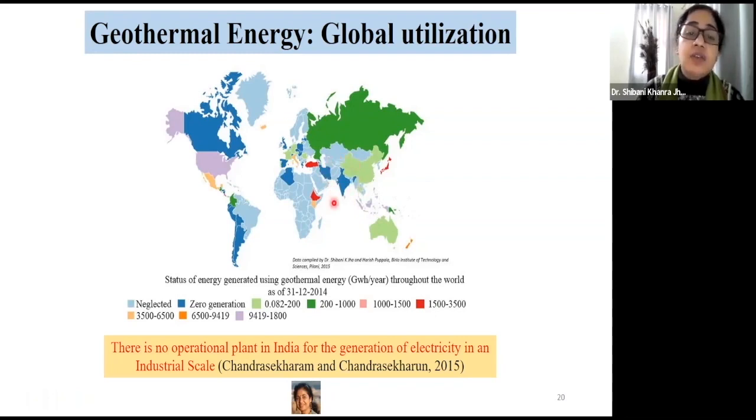However, it is not in any electricity generation capacity zone. It is still in the zero generation zone. So India, for the generation of electricity on an industrial scale, is not recognized for geothermal resources. This has driven our study, on how to take this aspect as a future prospect.